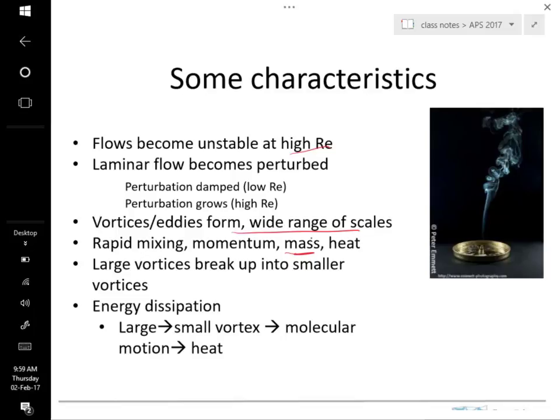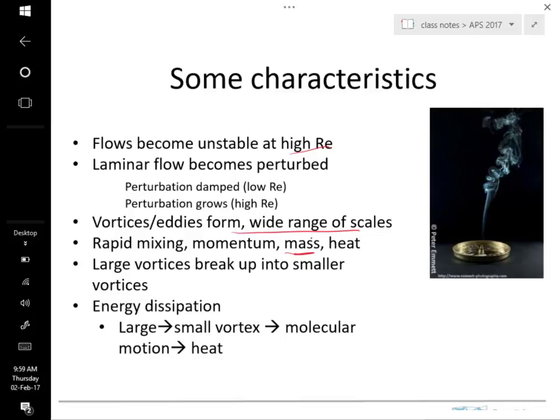Friction happens because of molecules sliding past one another, and that's essentially heat, the motion of the molecules. The motion of the molecules within the flow is characterized by viscosity.